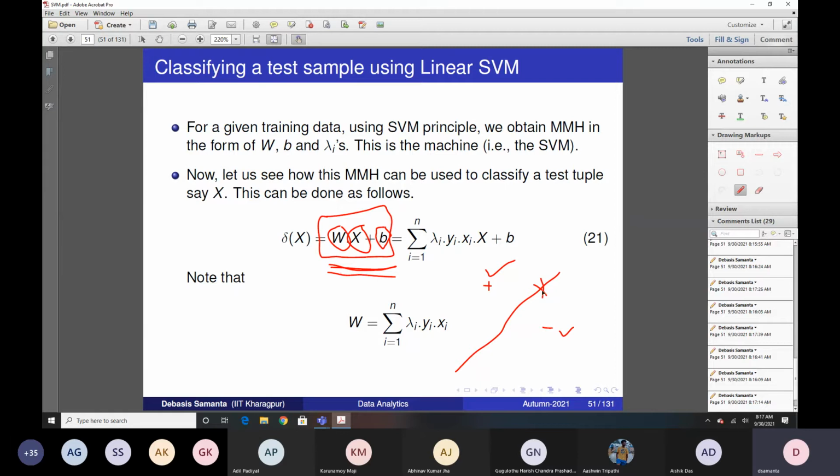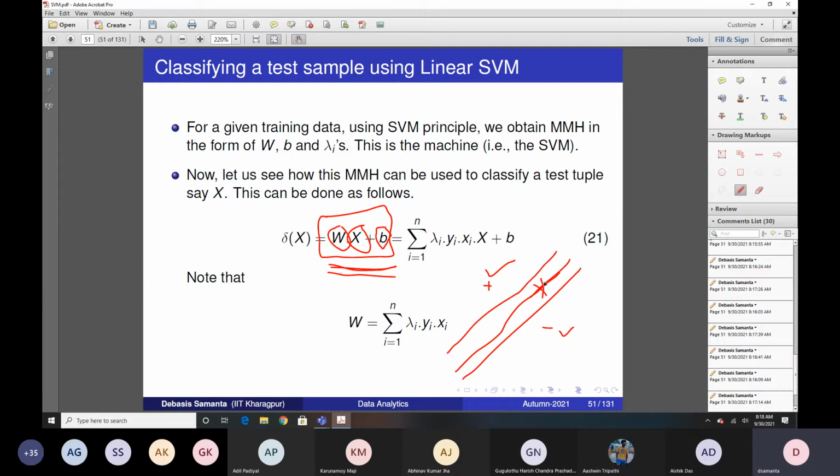Now here again, if it is on the hyperplane itself, then you see, this is actually your hyperplane, and your margin will be two parallel boundaries.